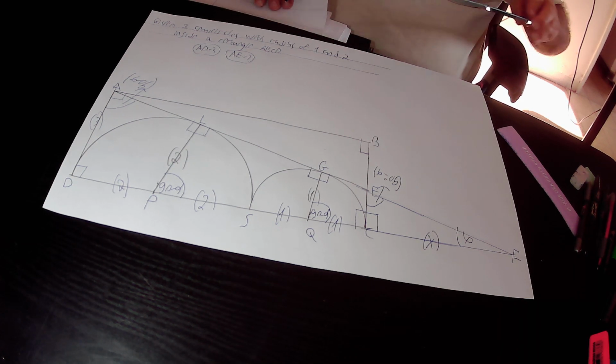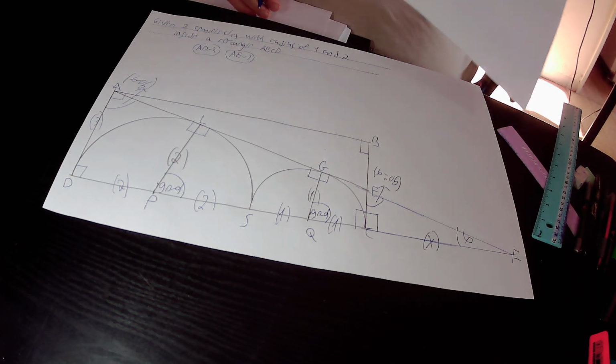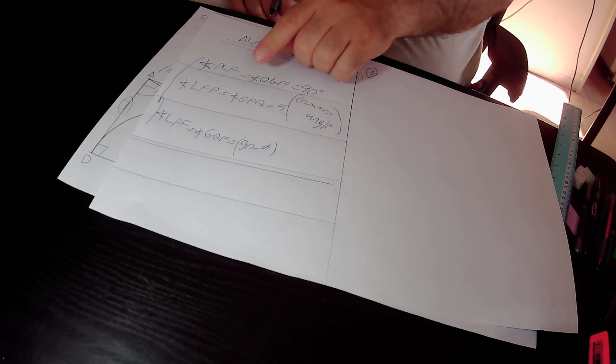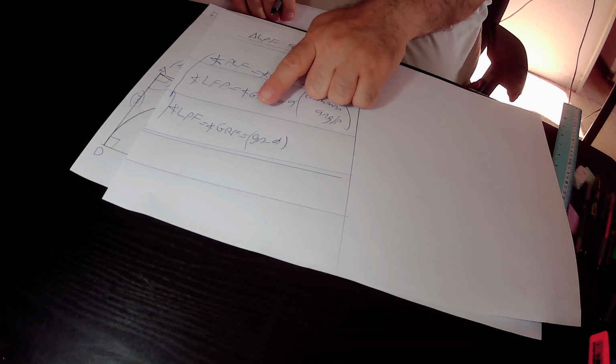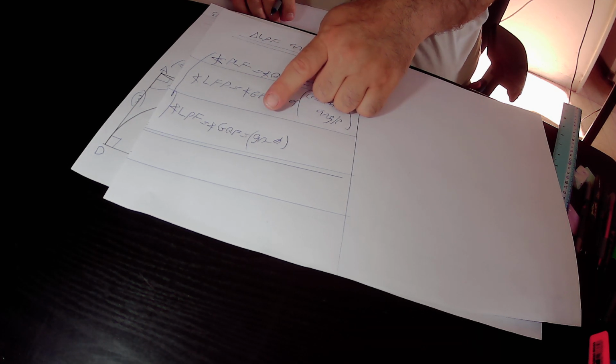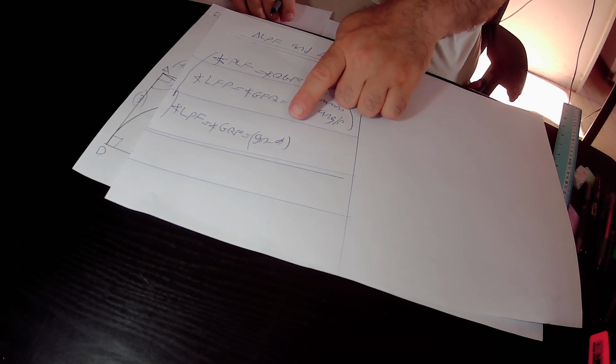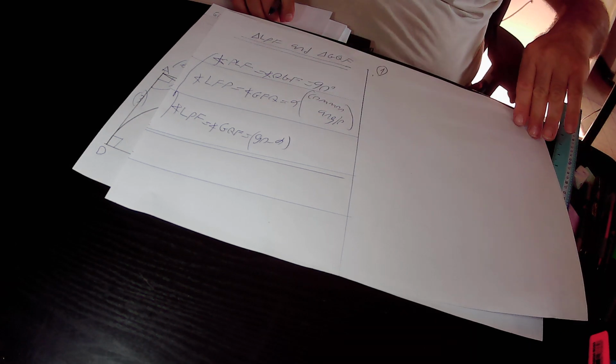So I'll repeat again. Angle LPF in the big right triangle LFP equals angle GQF in the small right triangle FGQ. They are both equal to 90 degrees minus alpha, therefore they are equal to each other.